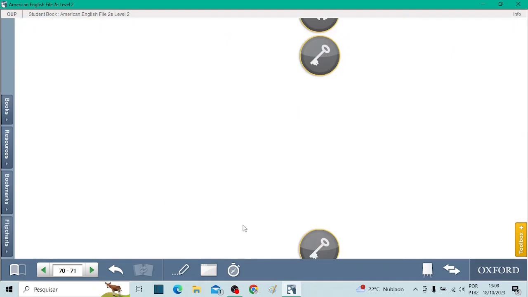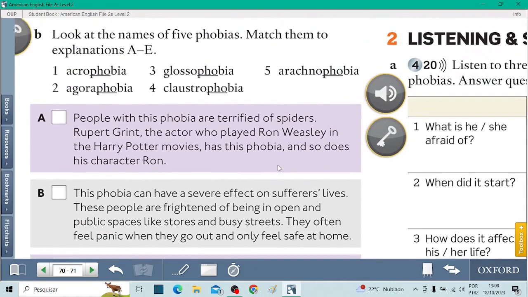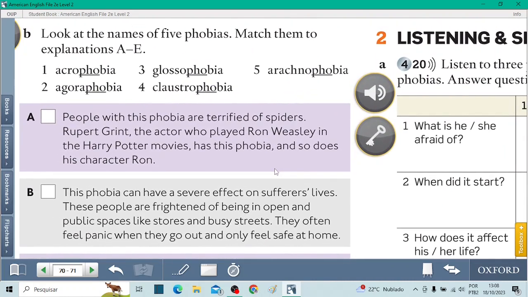Great. Okay, so now in letter B, we are going to look at the names of five phobias. You are going to match them to explanations A through E. We have here some phobias like acrophobia, agoraphobia, glossophobia, claustrophobia, arachnophobia.